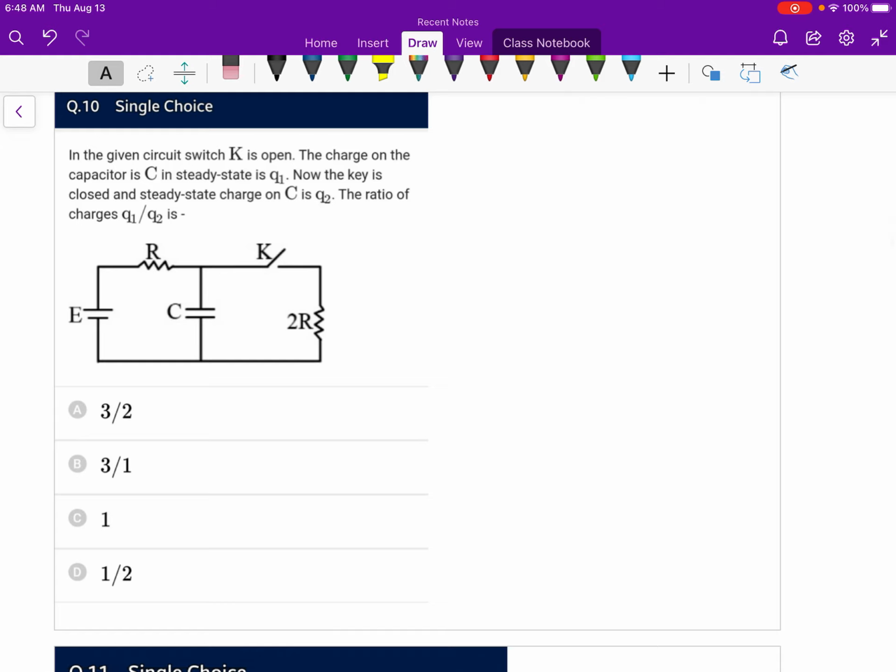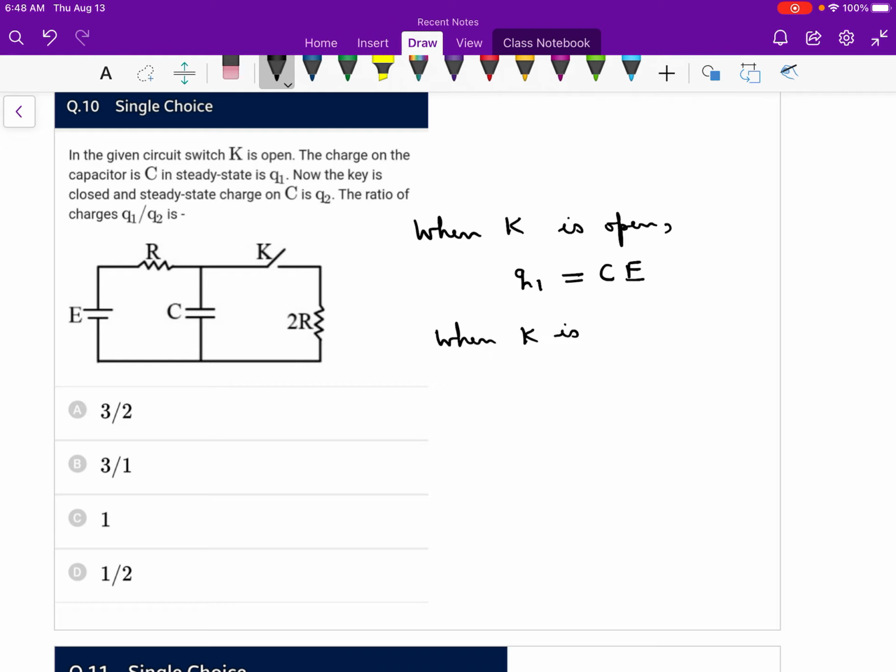In the given circuit, switch K is open. The charge on capacitor in steady state is Q1, and on closing the switch, charge becomes Q2. So when switch K is open, Q1 is CE.